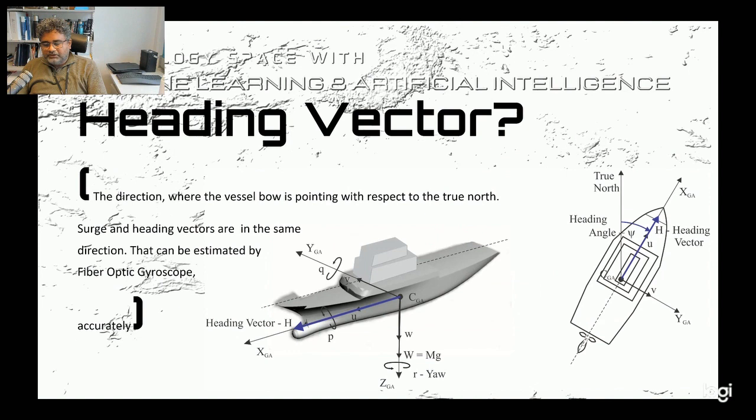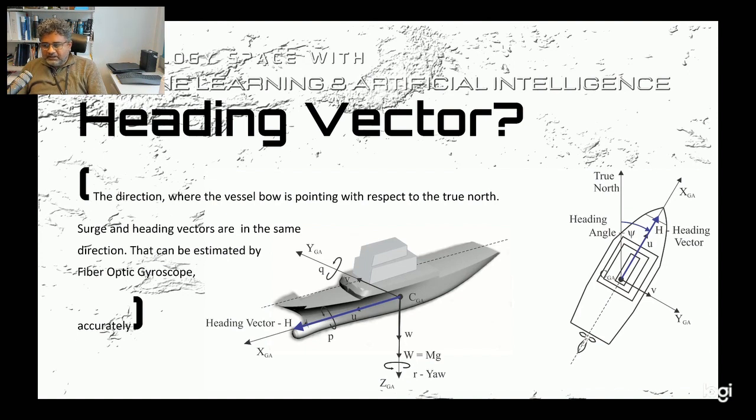Here I am trying to introduce additional terminology which may be more related to nautical science, but I think it's also important for this discussion. The first concept would be the heading, or the heading vector. The heading vector can be defined as the direction where the ship bow is pointing with respect to true north. So the surge and the heading vectors are in the same direction.